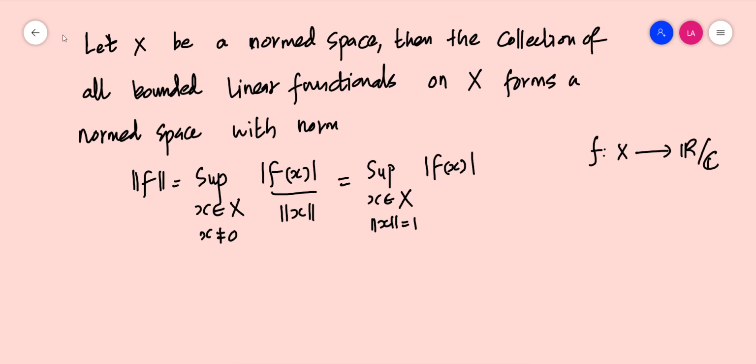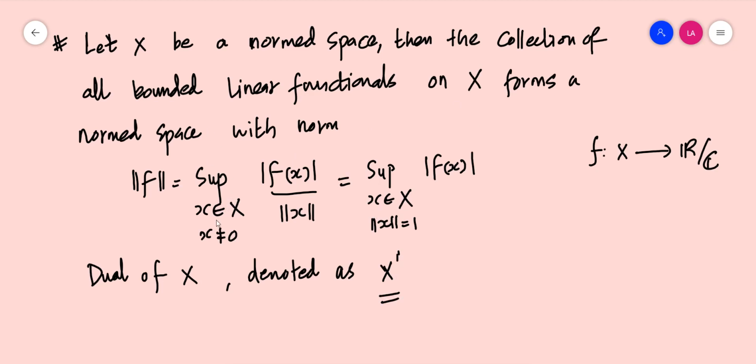So using the same property as we have defined in the case of B of XY, using the same ideas, we can easily understand that this is a normed space, and this normed space is called the dual of X, and it is denoted as X dash. So X dash is actually the set of all bounded linear functionals defined on capital X, which forms a normed space using this norm.